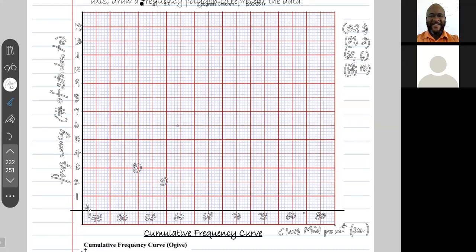That would put me here. Next, we have 67, 13: 65, 65.5, 66, 66.5, 67, and this goes all the way up to 13. That will put me here.